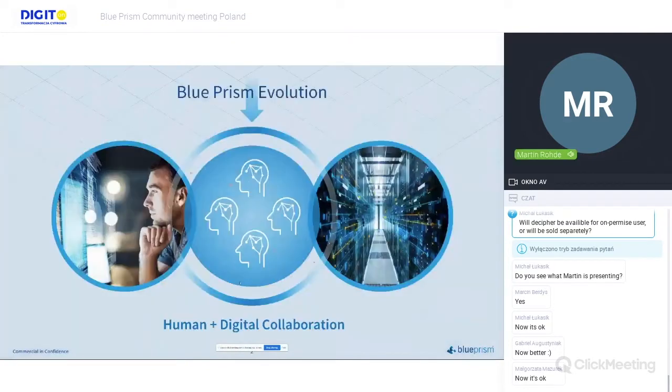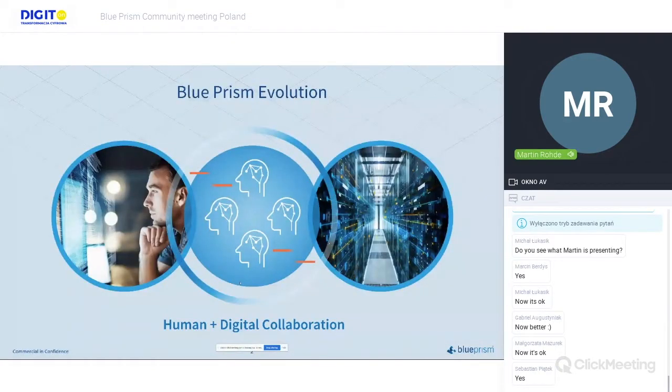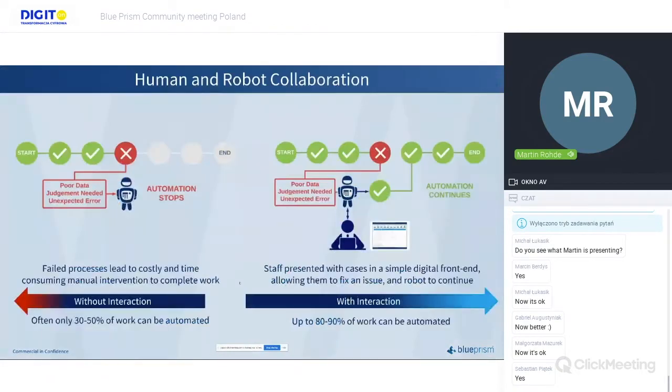Okay, so starting by covering the entry point, the question about the Attend space. Yes, we have the Attend space, and we are entering this. We're coming from the left side, the unattended space, and we will go forward with it, of course. We think this has a huge impact, automating at least 50% of the work we can handle. But we have seen so many questions and use cases for what we call human in the loop.